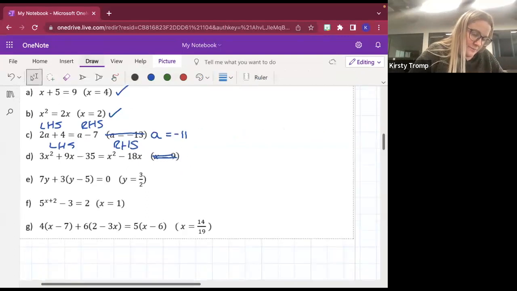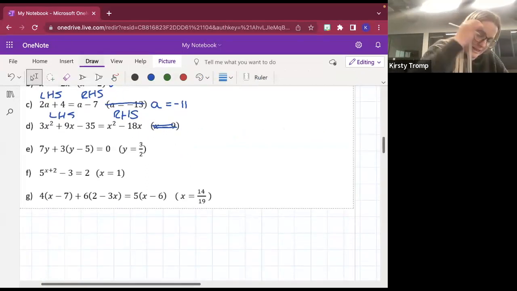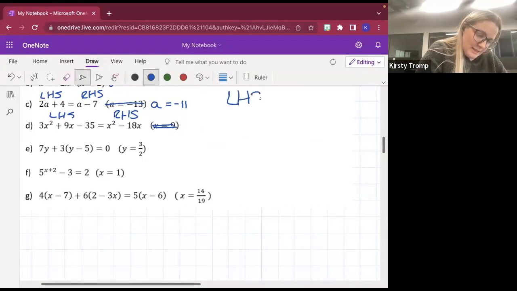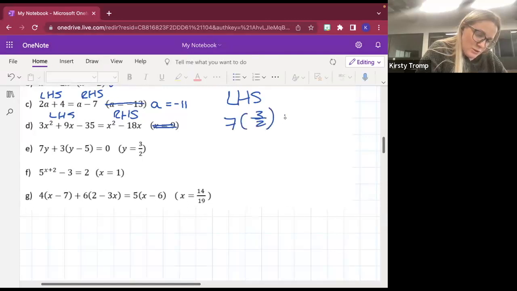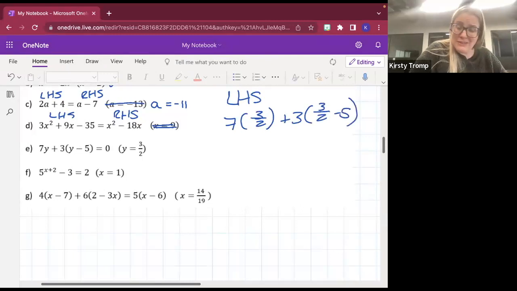For E, we had a left-hand side and a right-hand side. On the left-hand side, I've got 7, open brackets, 3 over 2 plus 3, open brackets, 3 over 2 minus 5. I put that in my calculator and I get 0.